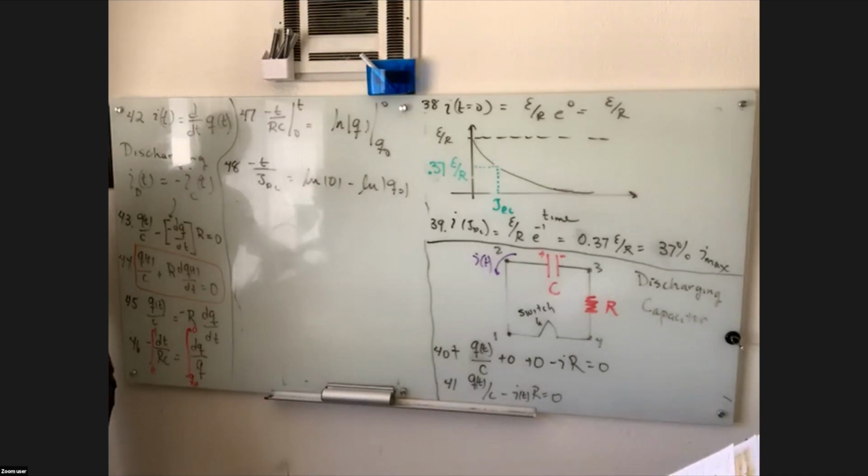Professor, if it's discharging, wouldn't it be from Q naught to 0? Because it has some charge. Yeah, isn't that what I've done? Q naught to 0. Oh, but the upper limit shouldn't be Q naught.